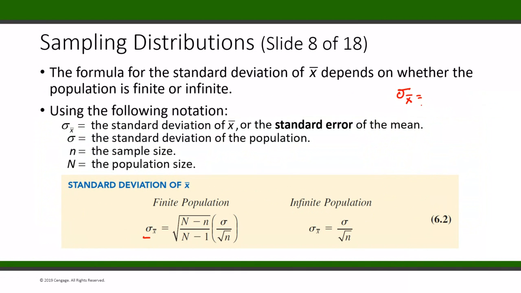The standard deviation of X bar, or the standard error of the mean, is equal to the population sigma over root n. Unless you put this in, it will not be unbiased, so I cannot say this equals this.